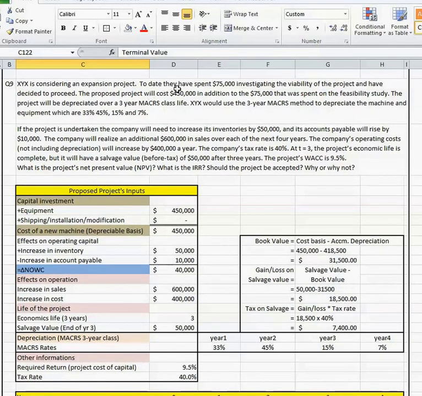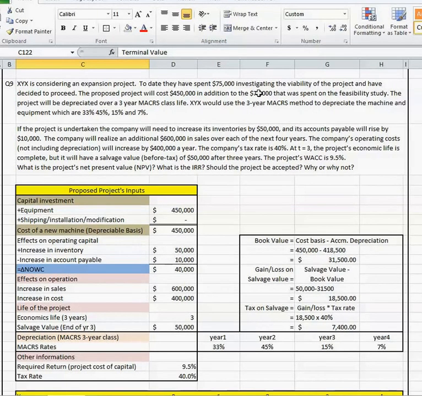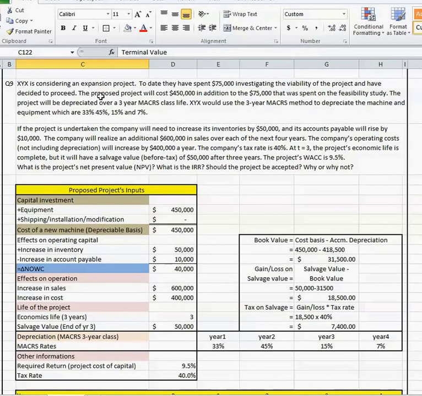But if you remember from the textbook or from my lecture notes, do not include any irrelevant cost on this project. For example, this $75,000 was spent on a feasibility study. Things like that, historical cost or sunk cost, please do not include on the project.